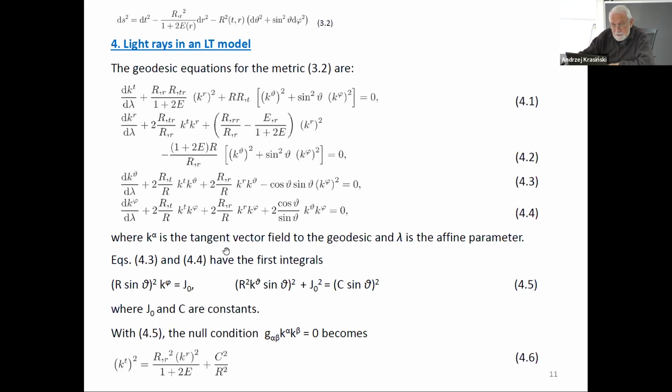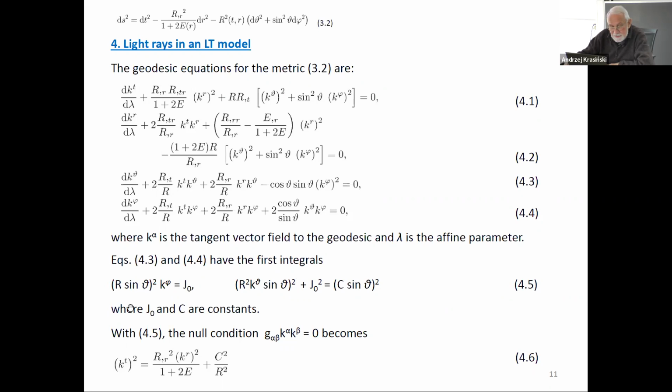Because of spherical symmetry, the last two equations have first integrals that are written here. J0 and C are constants. And with this, J is angular momentum. And C is 0 for radial rays. So when C is not 0, this is a measure of how much non-radial the ray is.